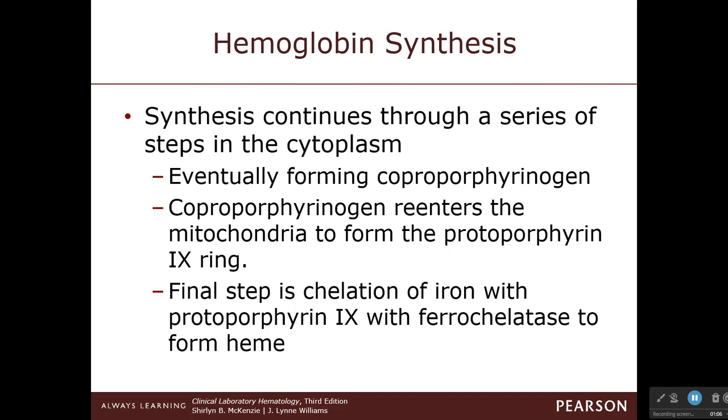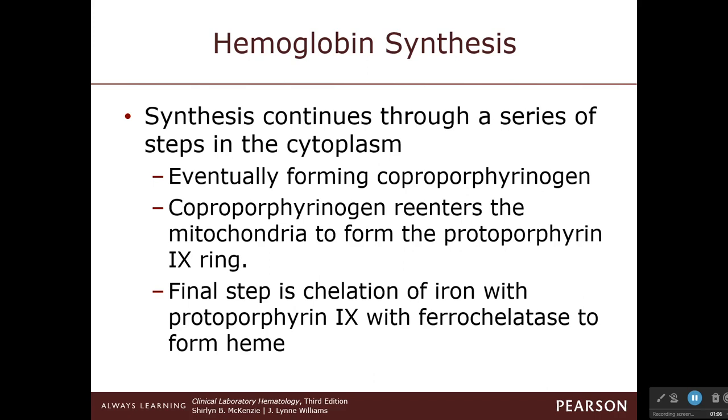So once this is formed, this part is happening in the cytoplasm. Then it enters the mitochondria, and then through an enzymatic reaction with ferrochelatase, that protoporphyrin ring binds with iron to form heme in general, okay?